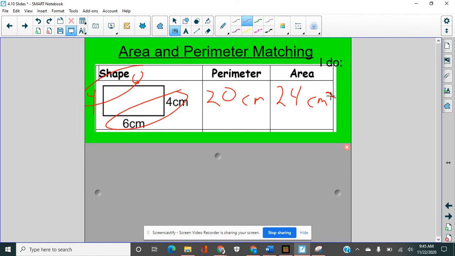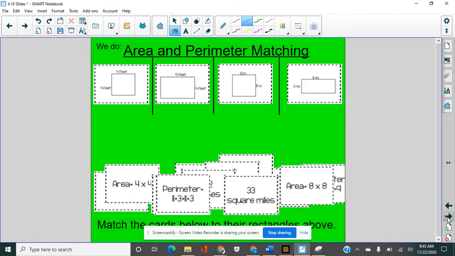That tells me we're talking about squares, right? Area is the squares that fill up the inside. So I have perimeter and area. In this case, the area is a larger number than the perimeter, but sometimes the perimeter is a larger number than the area. And that's going to be an important tool in a game that we're going to do today.